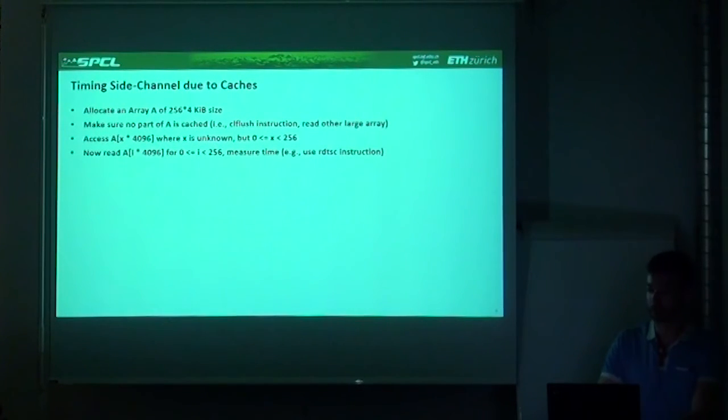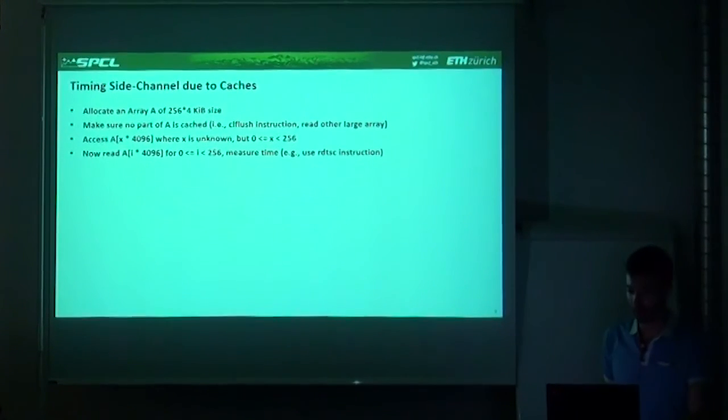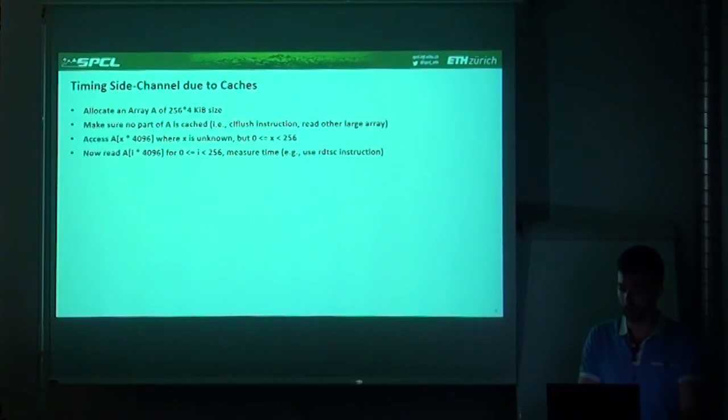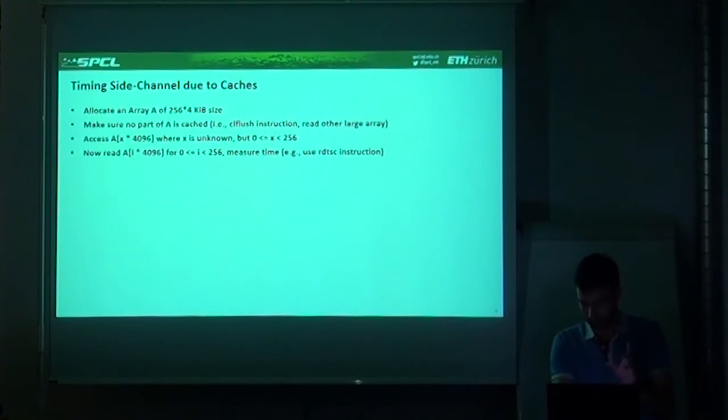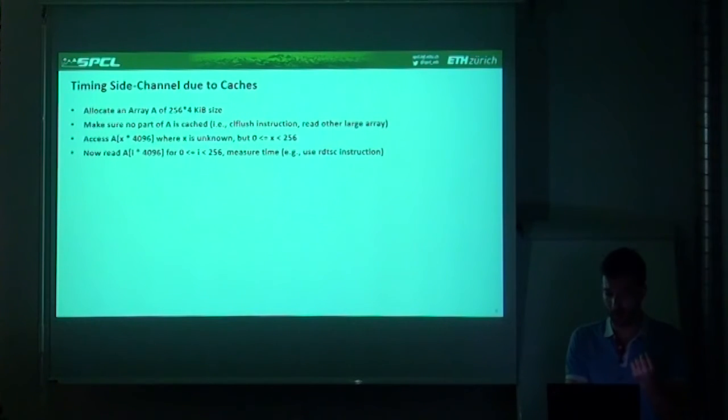So let's go back to these timing side channels. We talked a bit about this before. It should be pretty clear how this works now. So what we can do is, we know the cache caches our stuff.